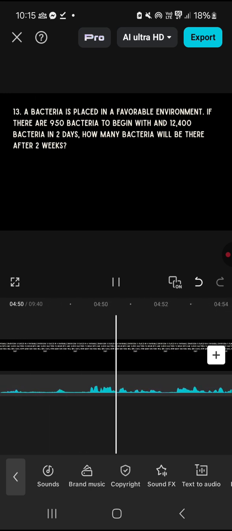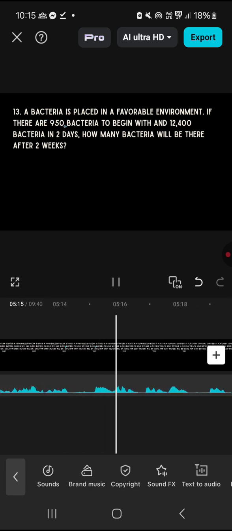A bacteria is placed in a favorable environment. If there are 950 bacteria to begin with, and 12,400 bacteria in 2 days, how many bacteria will there be after 2 weeks? So for this question, we're looking for two things. In order to get the bacteria after 2 weeks, we must first look for our rate.